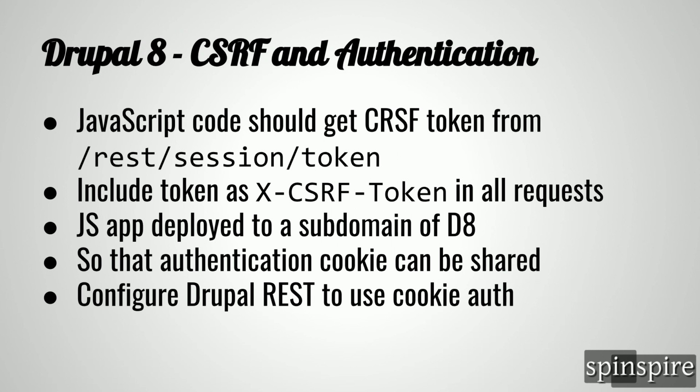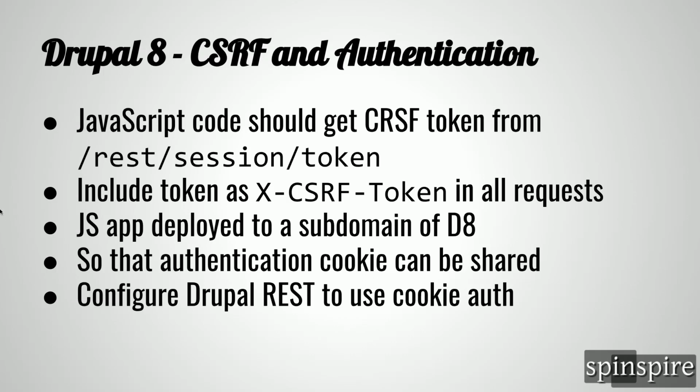So, in order to actually make these requests, not only do you have to include the cookie so that you are authenticated, you also have to include one more header called the CSRF token.